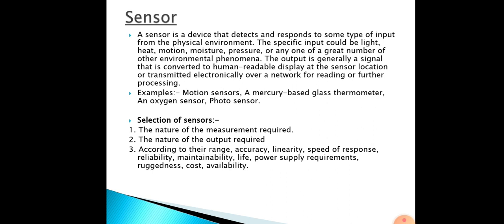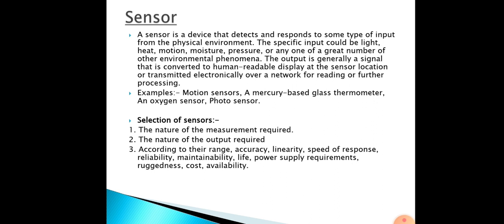Then how do we select sensors? Consider the variable to be measured, its nominal value, the range of the value, the nature of the measurement required, and the nature of the output required.